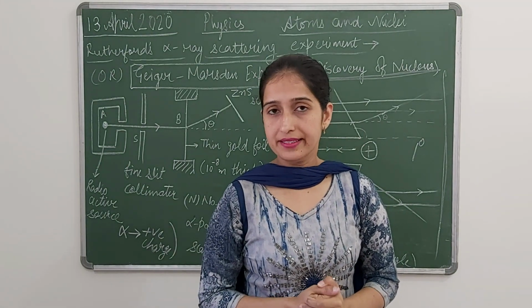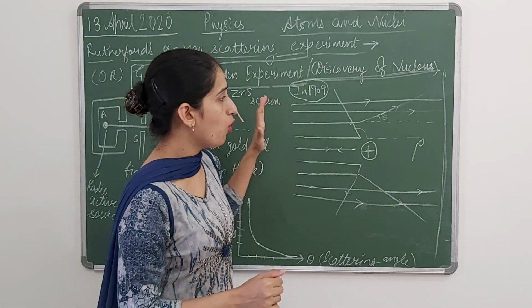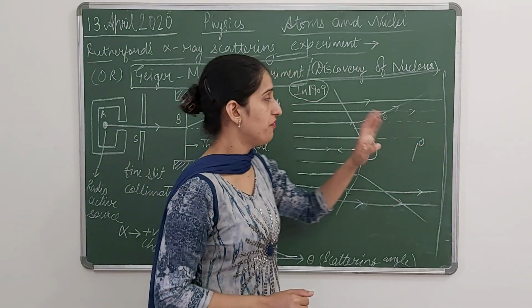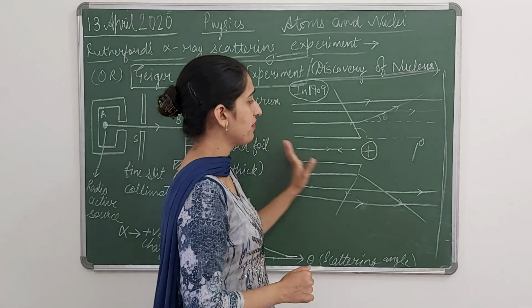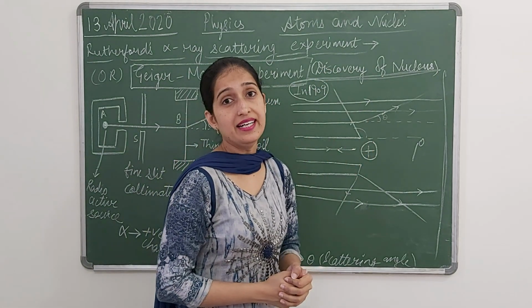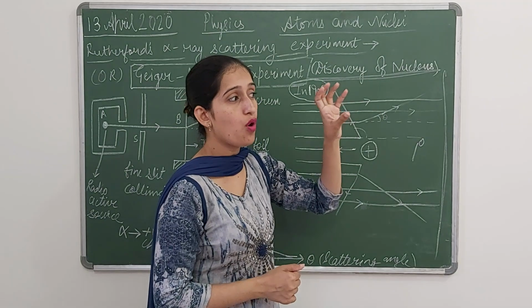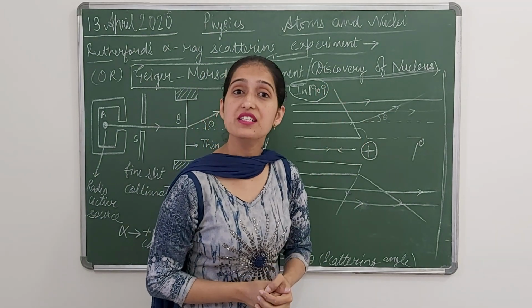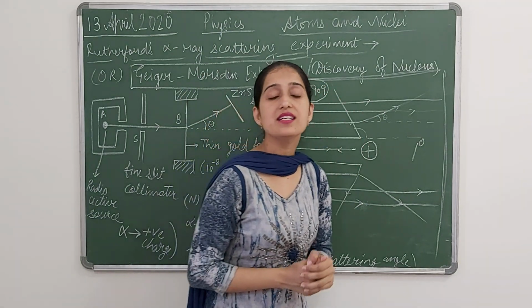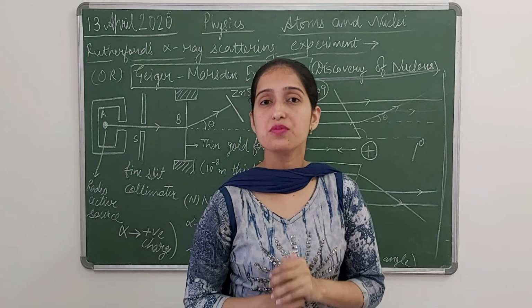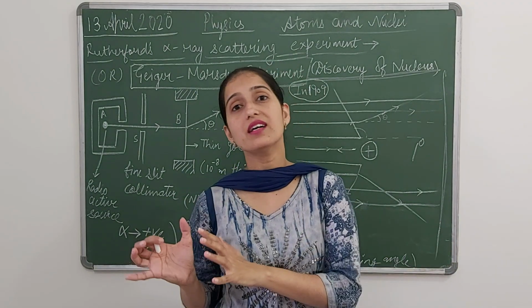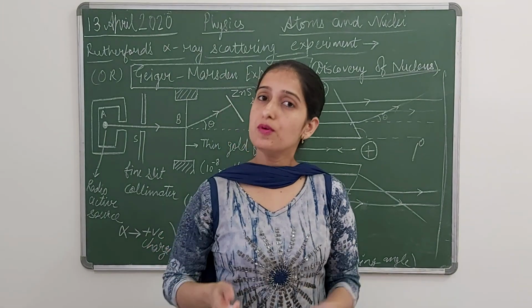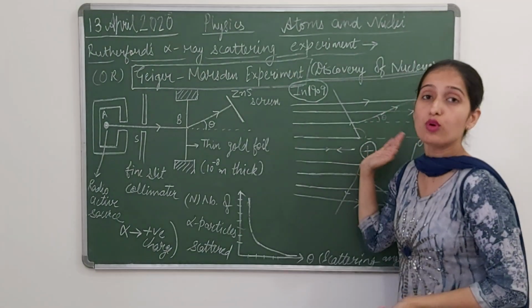Now, we are saying almost all rays go straight, very few deviate through small angles, and very few deviate through large angles. That means the size of that positive charge is very small. If that positive charge inside the atom were bigger, then almost all alpha particles would scatter through large angles.